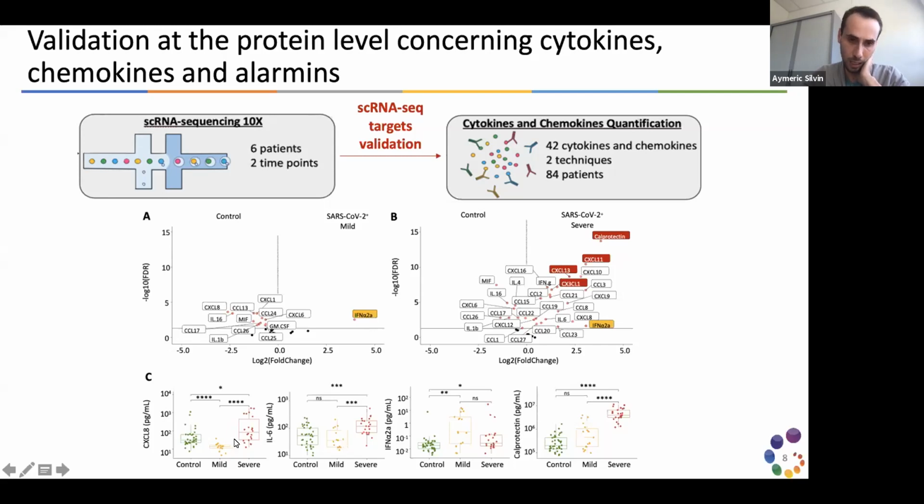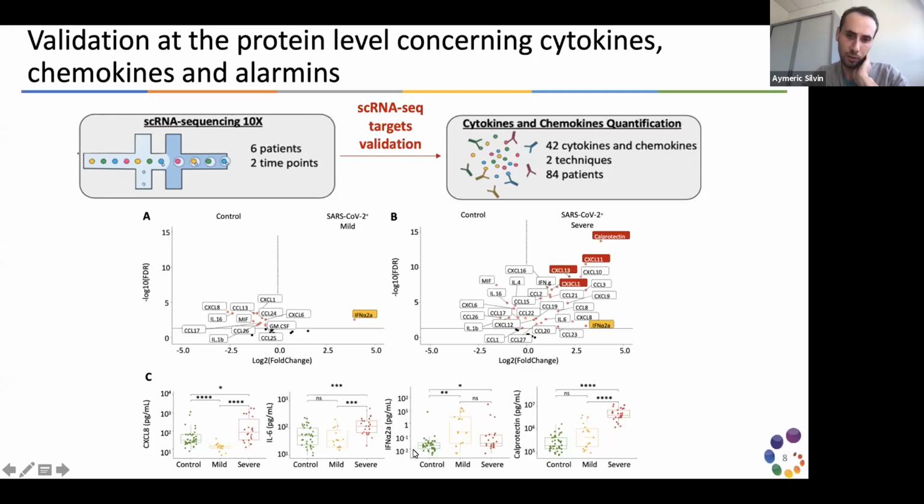Here you have the bar plot of the cytokines. We could see that CXCL8 was decreased in mild patient compared to control and severe. We observed that IL-6 was overexpressed in severe, but it was only 4-fold more.